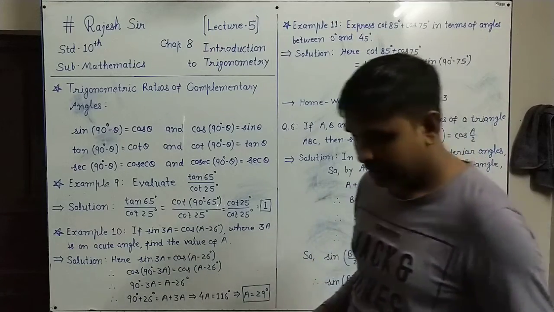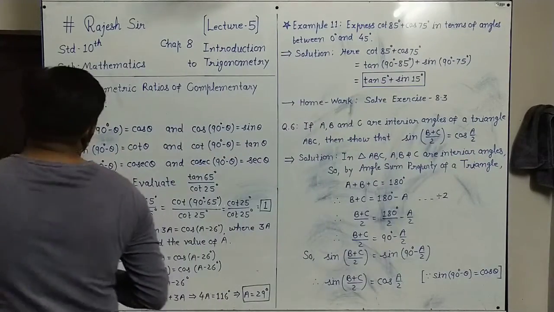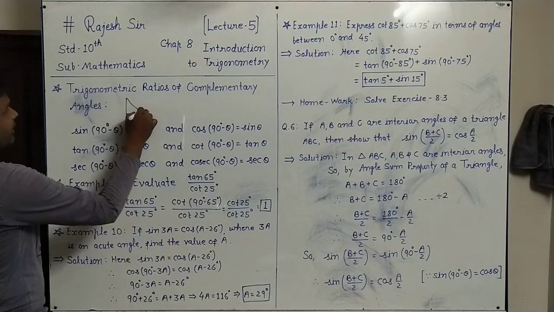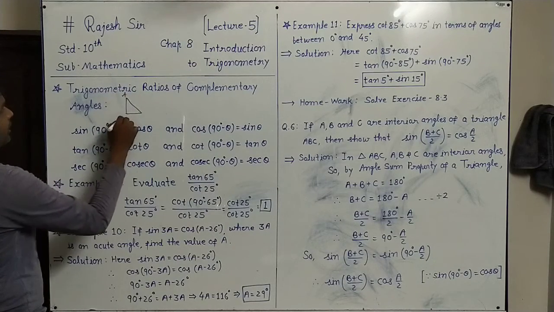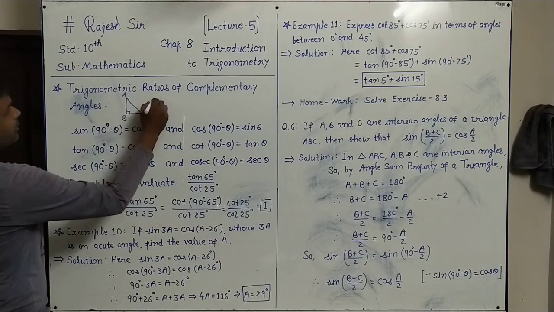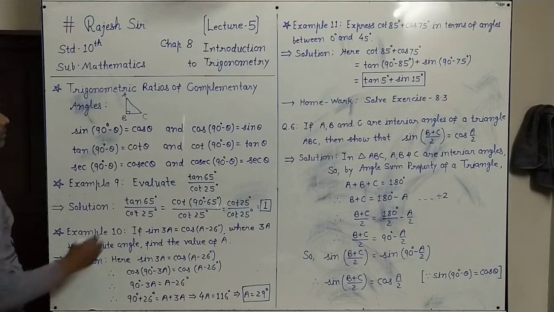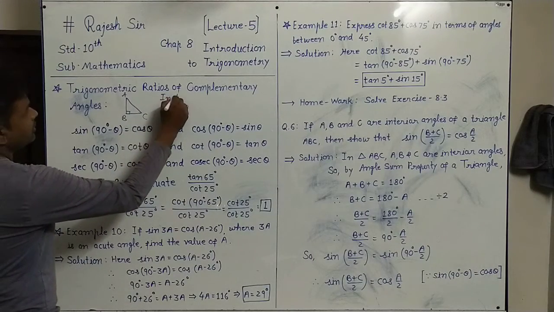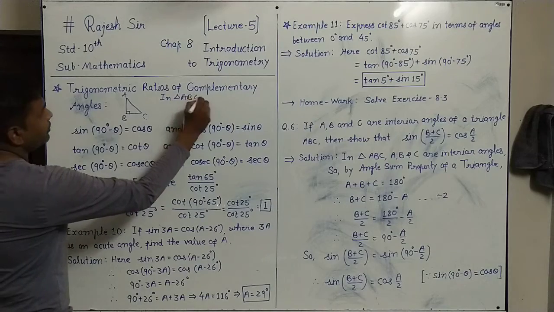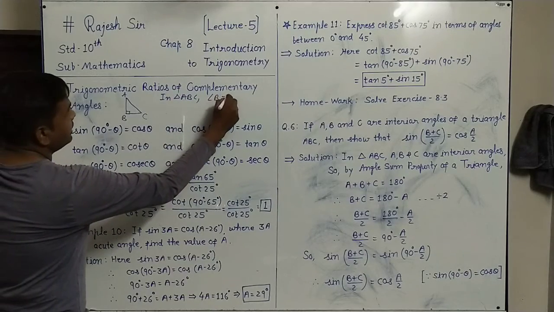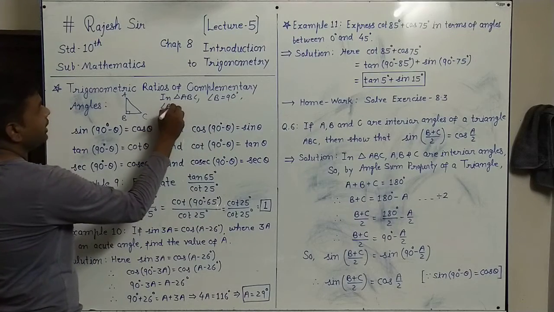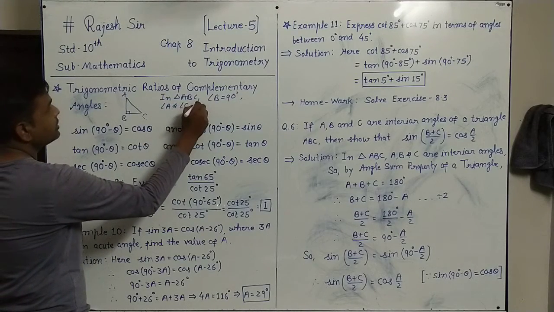And here, we are talking about a right angle triangle, like triangle ABC. Let angle B be 90 degrees. Then angle A and angle C are acute angles.